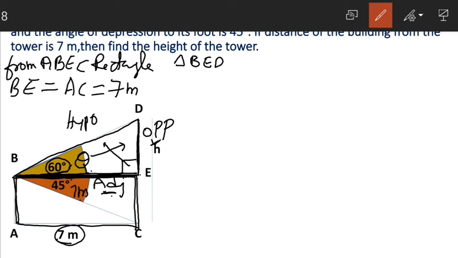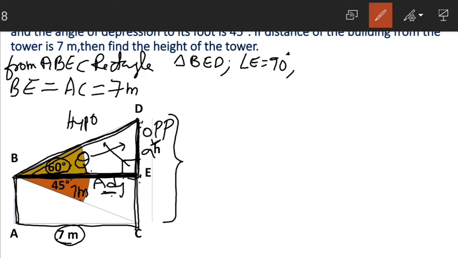To find out the height of this total cell tower, first we have to find this value, that is DE value. We don't know DE, so let DE be a here. Now come to triangle BDE. Here angle E is equal to 90 degrees, so it is a right angle triangle.